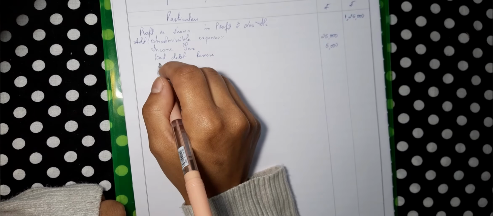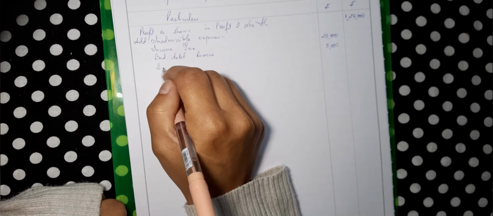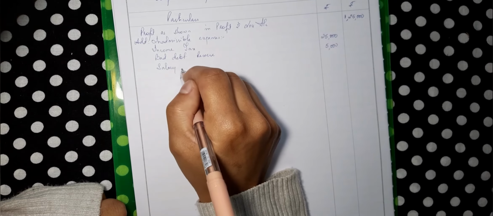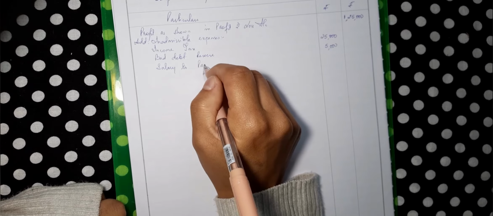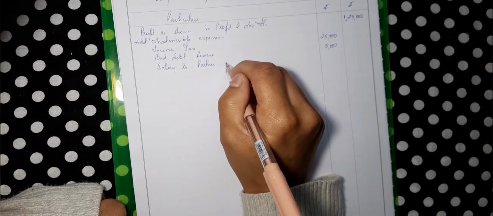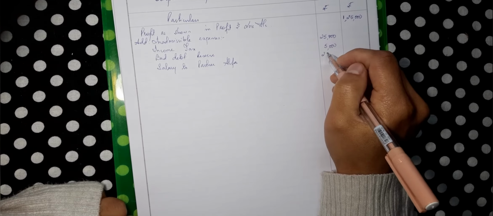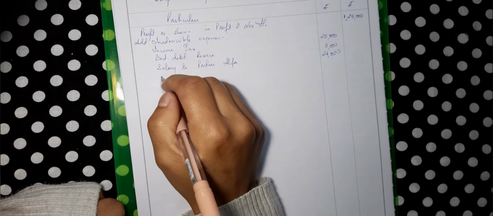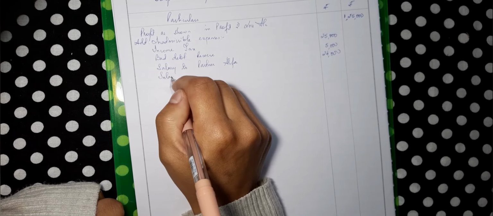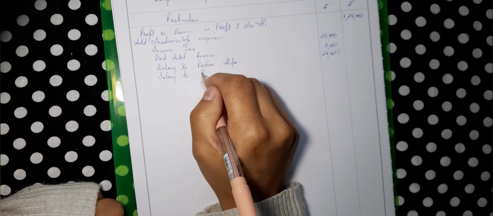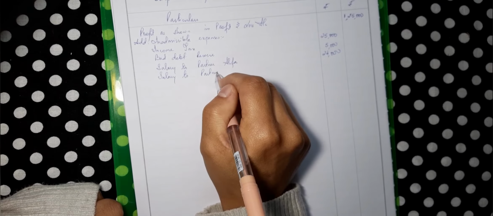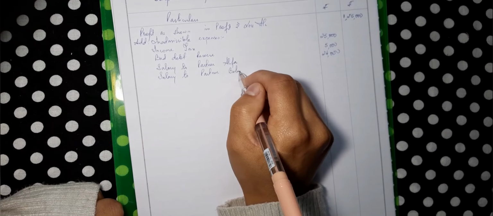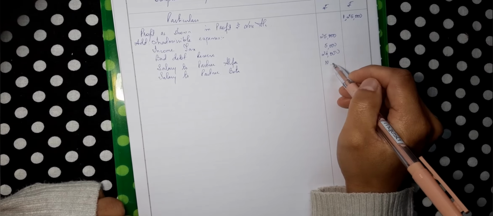Therefore, we'll write salary to partner Alpha, rupees 24,000, and salary to partner Beta, rupees 10,000. Salary to your two partners.